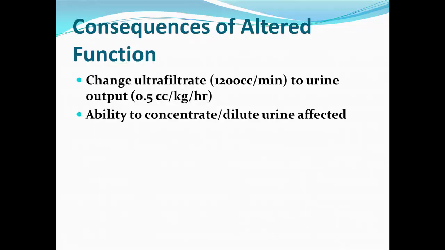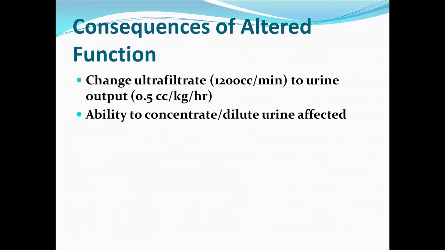So what would the consequences of altered function be? First off, remember that we have to change that ultrafiltrate to urine output. And I desperately want you to remember that 30 cc's an hour is very old thinking.